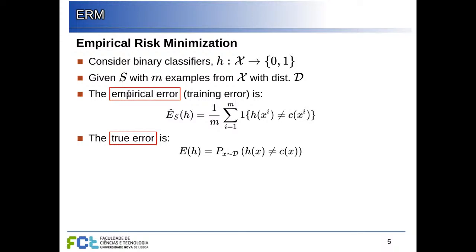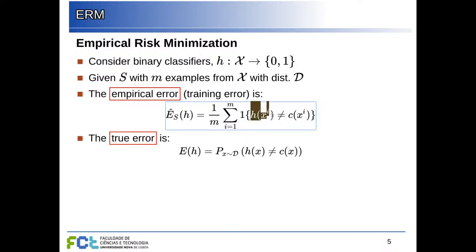Now, the empirical error, the training error, is basically the average of the mistakes we are making when trying to classify in our data. So the empirical error is the one here with the hat, the one we are measuring for some hypothesis h, is the sum of adding 1 every time we make a mistake.